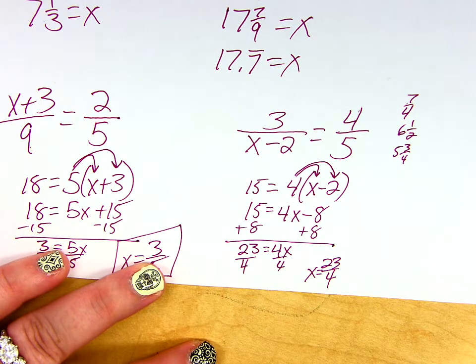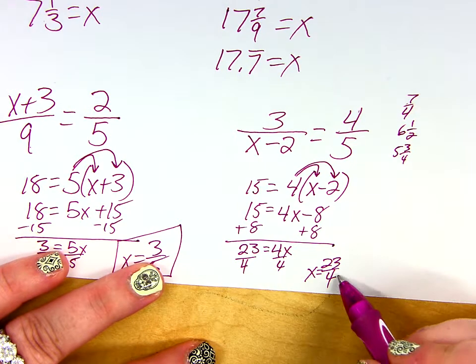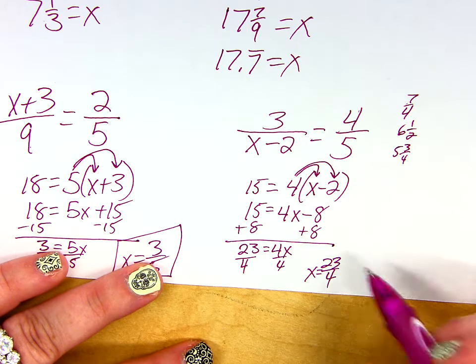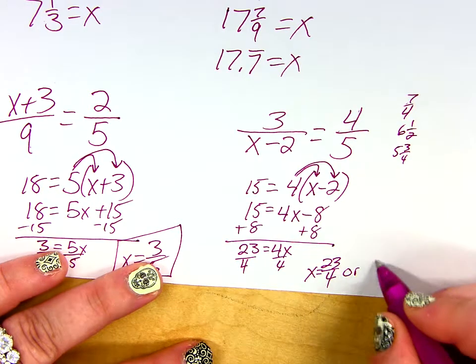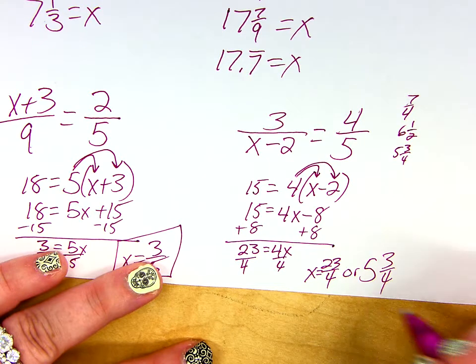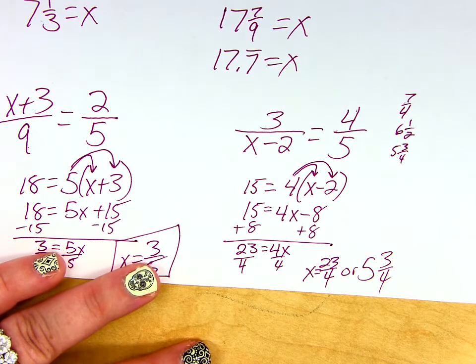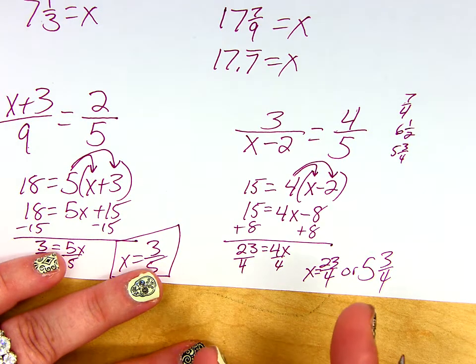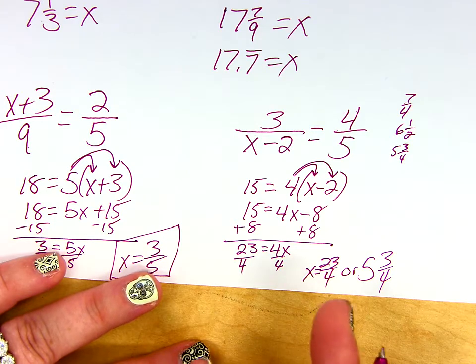So as a mixed number, I think it's 5 3/4, right? Because 4 goes into 23 5 whole times to get me to 20, and then 3/4 left over. But again, you can leave it improper, no big deal, as long as it's reduced. Okay, so solving proportions, is it that bad? No, it's not that bad.